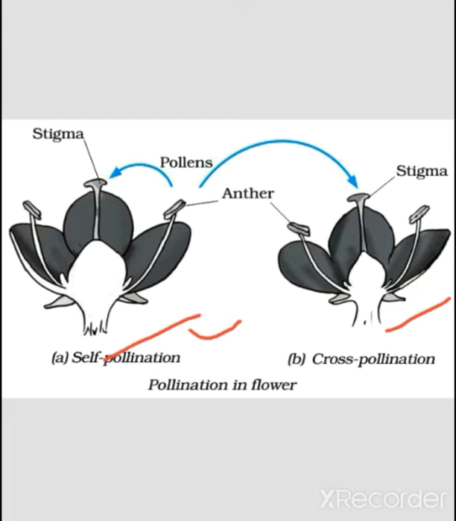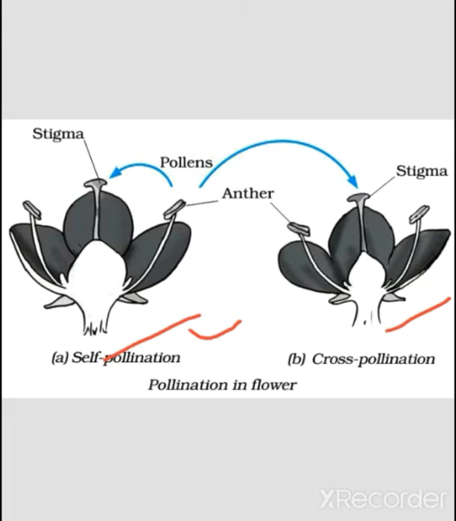There are two main types of self pollination, that is autogamy and geitonogamy.